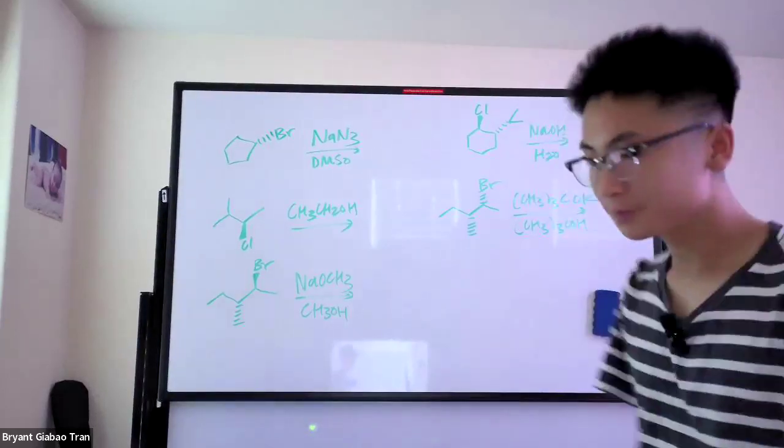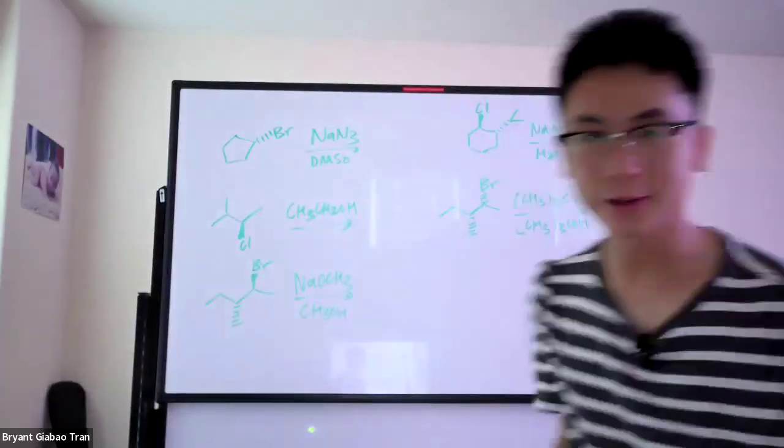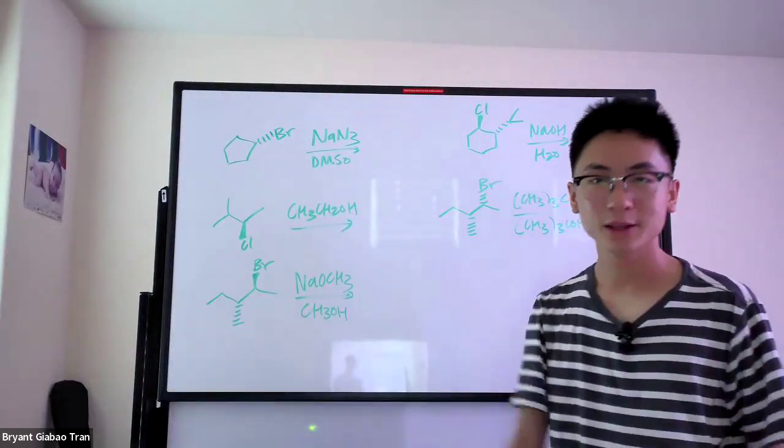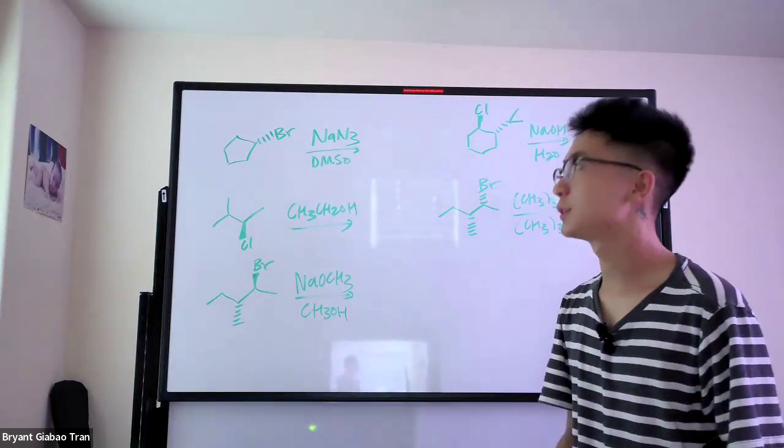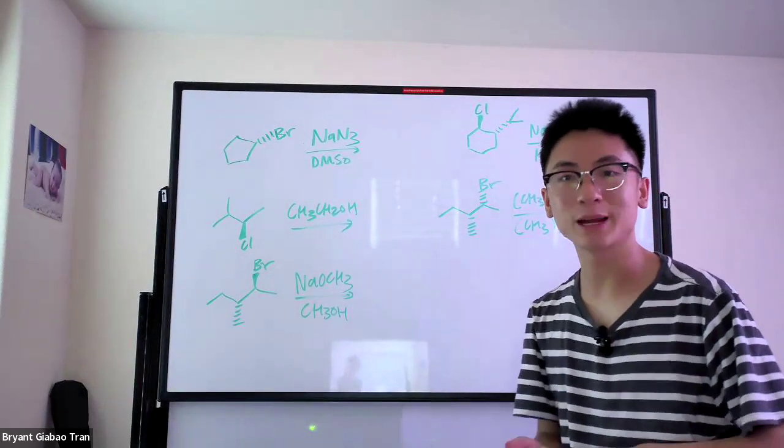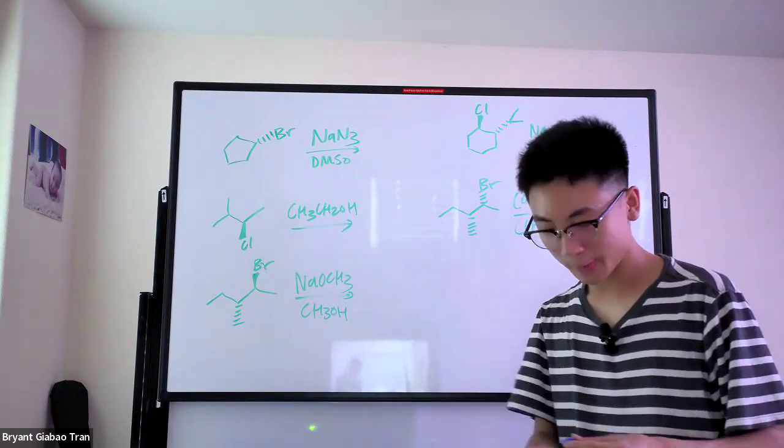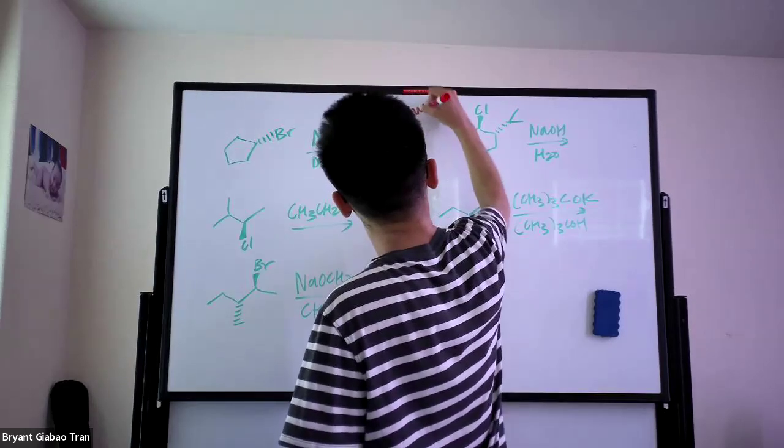Okay, walk me through these questions here, like how you thought about these. What's the substrate? What's the base? What's the nucleophile? Is there a good leaving group present? What's the reaction? The arrows. So the first one is a weak base, strong nucleophile, and it's in a protic solvent. So you do SN2.